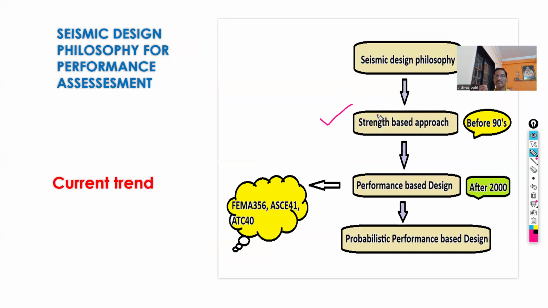In the strength-based approach, only the strength of the structure is taken into account. And if the structure is resisting that particular base shear value, the structure is said to be safe. At that time performance-based design was there, but it was not taken that seriously by the researchers as well as by the practicing engineers.